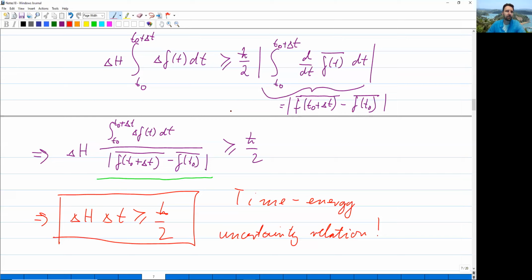And notice something curious. The observable f hat has dropped out of it. There is no f hat in our equation in red anymore. And what that means is that this uncertainty principle holds for all f hat, for all observables.